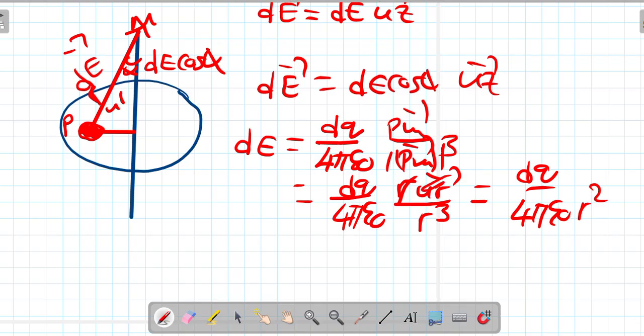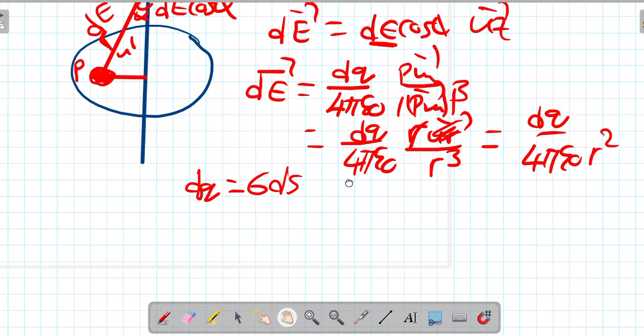You ignore the unit vector because here there's no R, so you're just getting the magnitude part of the vector. Then you can now replace whatever you have. Before you replace, you also always replace dq by its surface density expression, sigma dS, as simple as that. Now you can replace in the equation.